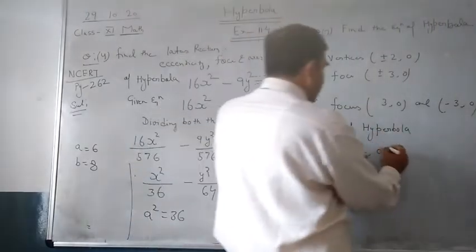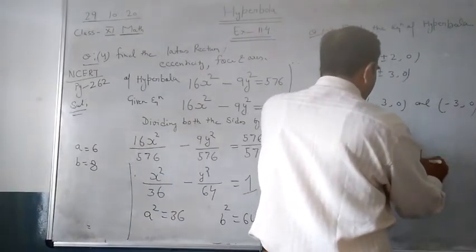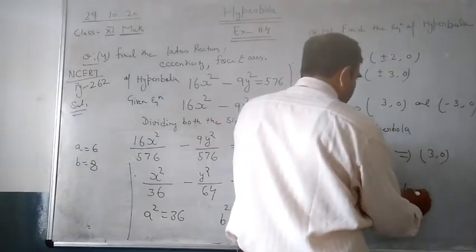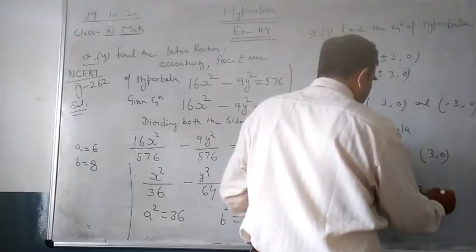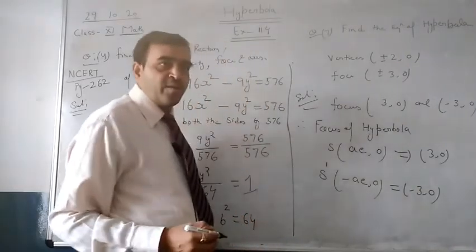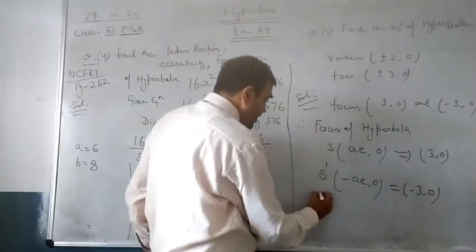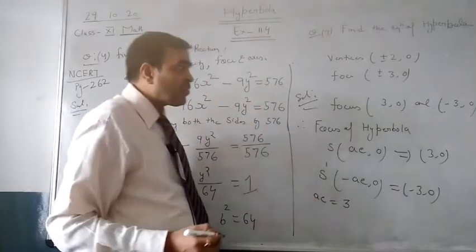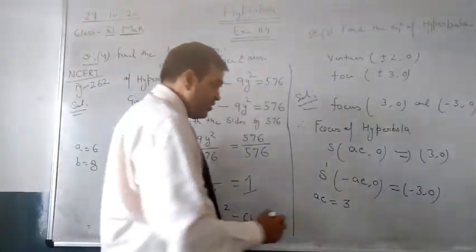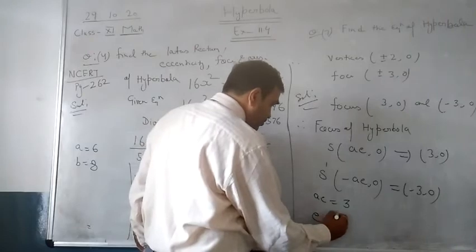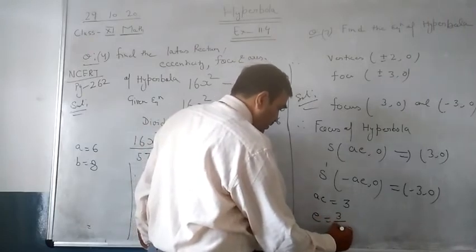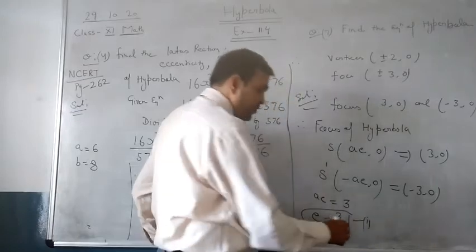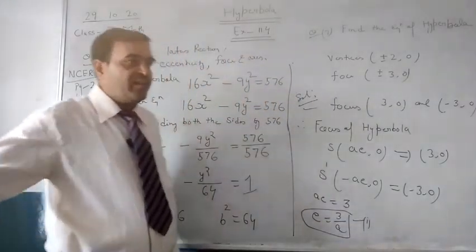It means this is equal to 3 comma 0 and minus 3 comma 0. Comparing both the sides, ae equals 3, which means e is equal to 3 upon a. Let this be equation number first.